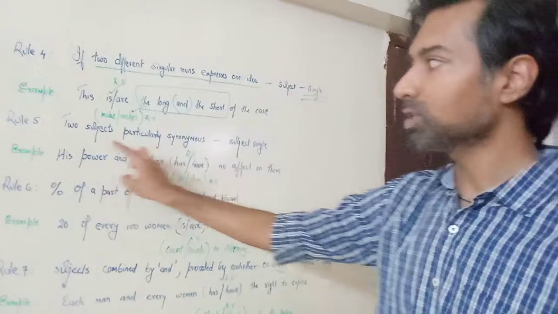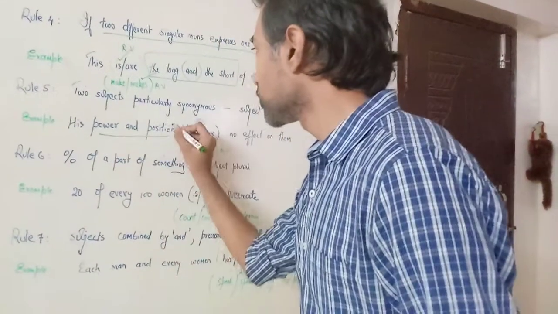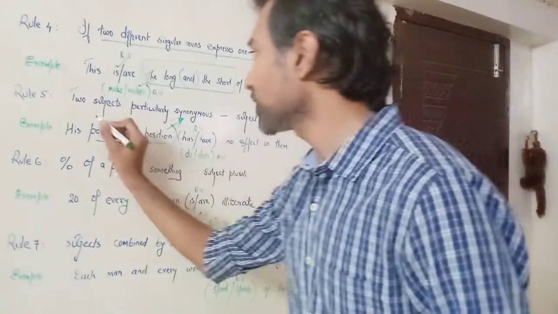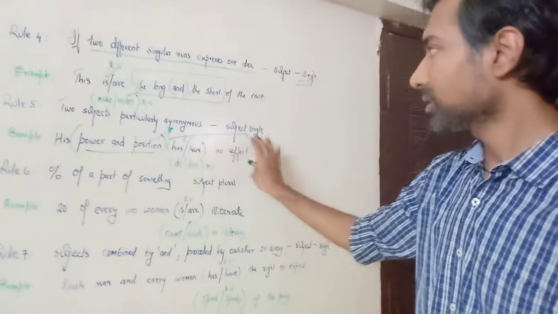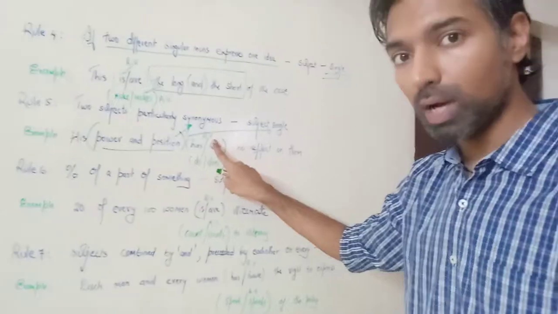So, if you have an expression like this which comes into a sentence, you will have to consider that power and position are synonymous to each other, thus making the subject single. Since it is a single subject, the relative verb will obviously be single as per rule number 1.